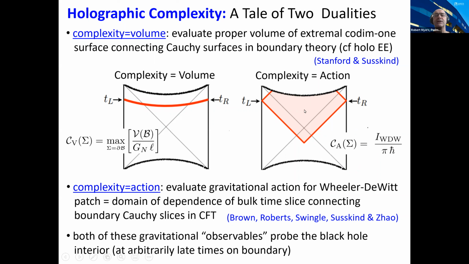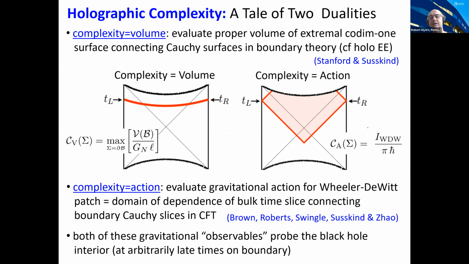One of the things you might note is that, by design, both of these observables probe the interior of the black hole for arbitrarily late times, i.e. as I push T left and T right up in the diagram, my gravitational observable will always be probing this region of the space-time.